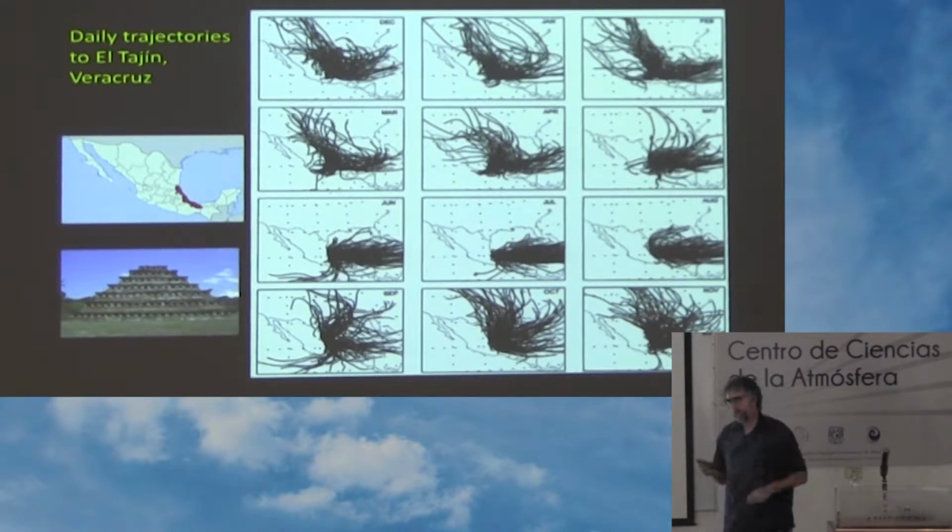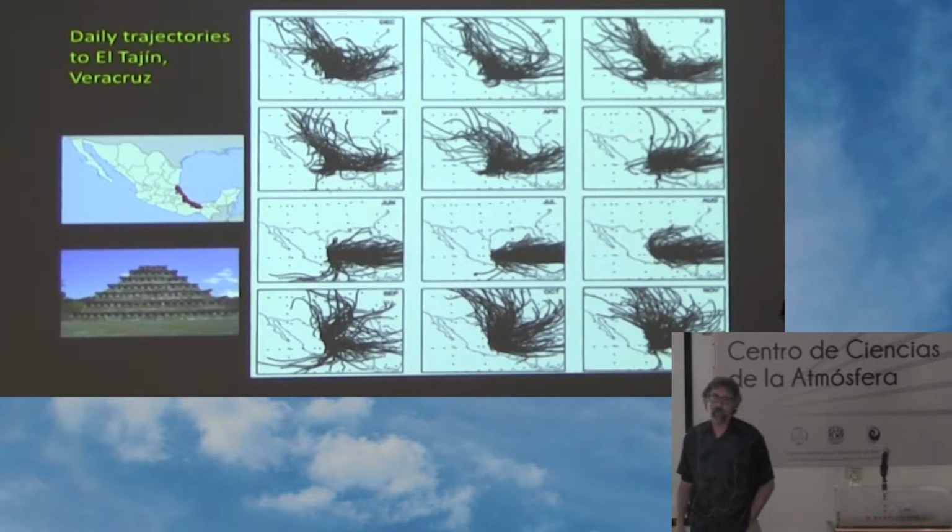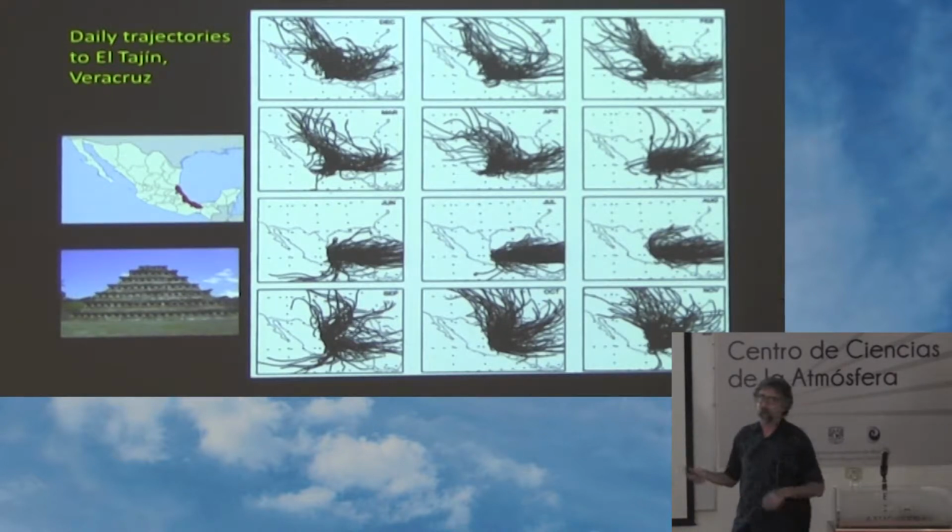So in this case, again, in conjunction with Rodolfo Sosa and the Contaminación Ambiental group here, they had a project at the archaeological site El Tajín in the northern part of Veracruz state, and they were measuring acid deposition and some other things, I think. I don't remember.